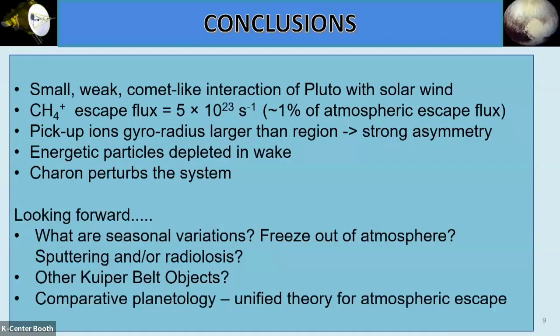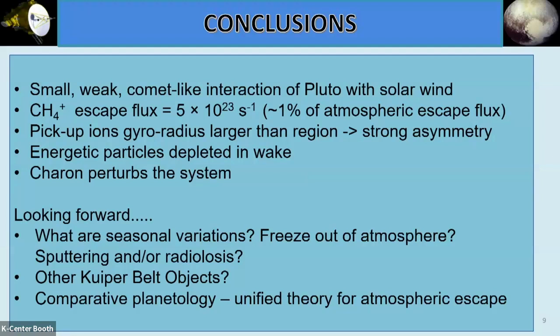Now, what would be interesting would be to think about, given what we've learnt at Pluto with the atmosphere at the time that we were observing, what happens with the seasonal variation? What happens when the atmosphere maybe gets weaker, further away from the sun? Maybe there are more particles hitting the surface. There's the radiolysis. What about other objects in the Kuiper belt that maybe have less of an atmosphere, or are smaller?